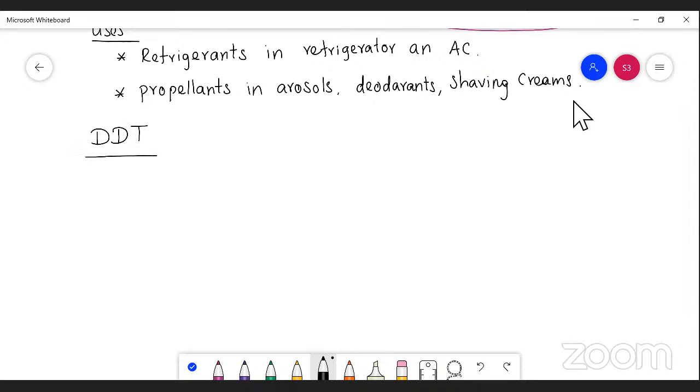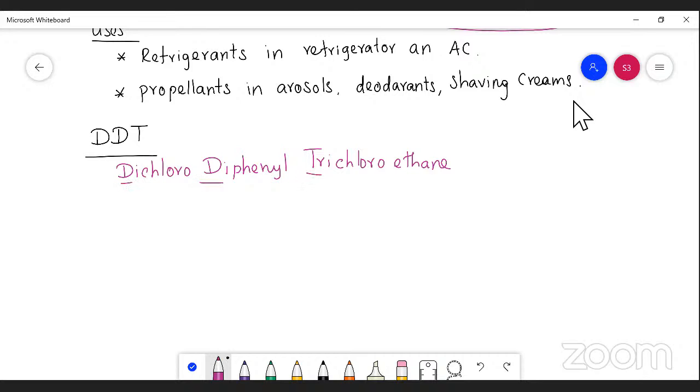And what is the name of DDT? It is dichloro diphenyl trichloroethane, which is known as DDT.